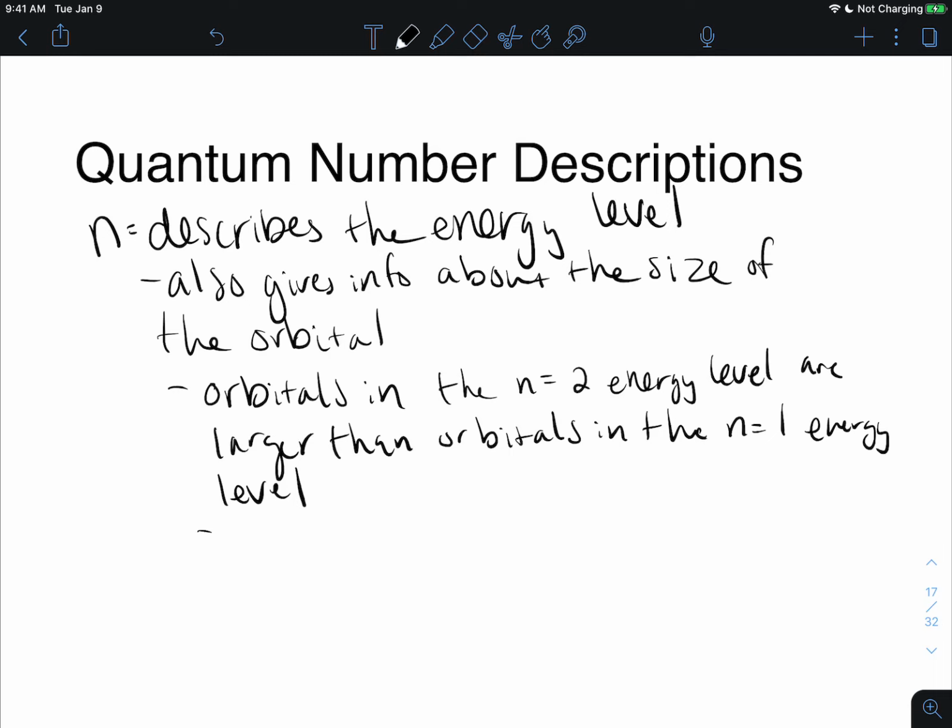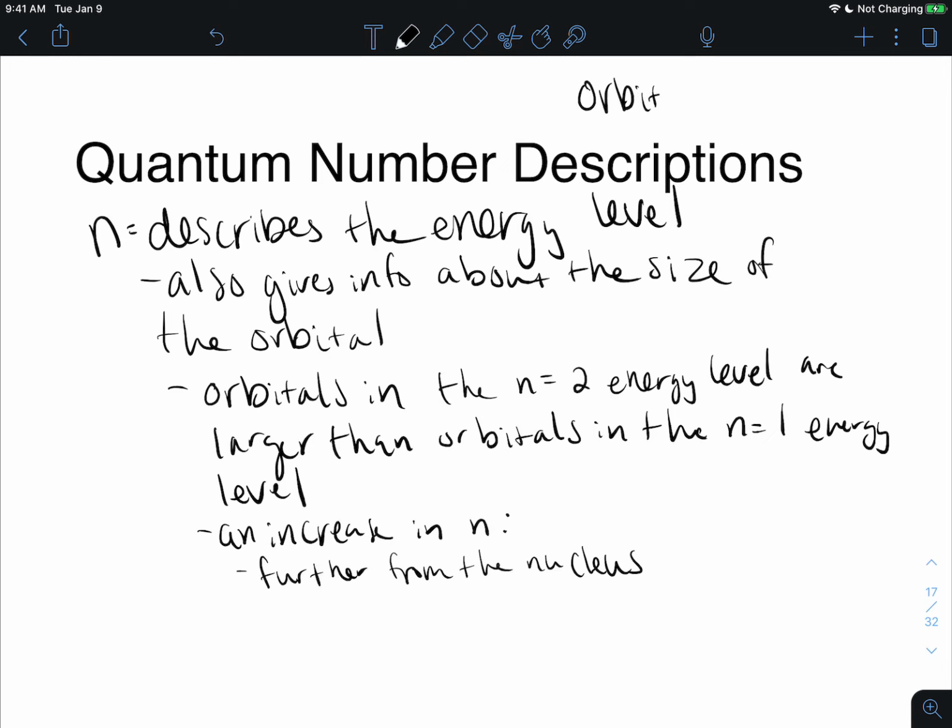So an increase in n means further from the nucleus. The orbitals are further from the nucleus, which means the electrons are further from the nucleus, as the orbitals are our electron houses.